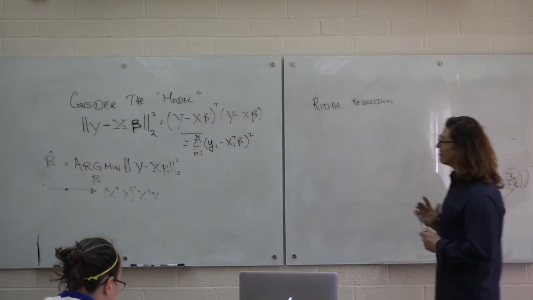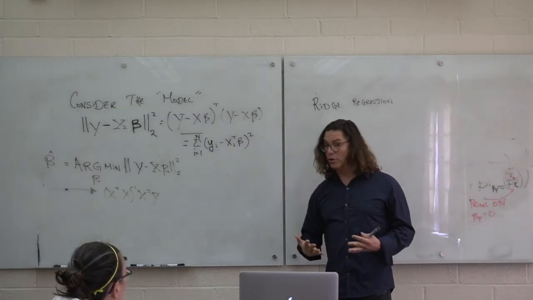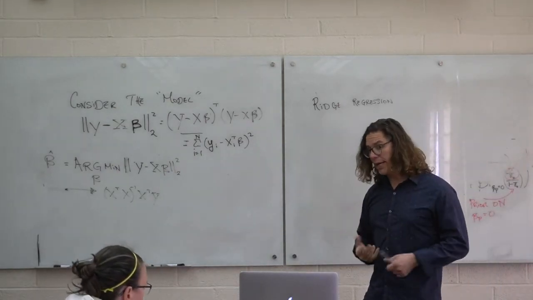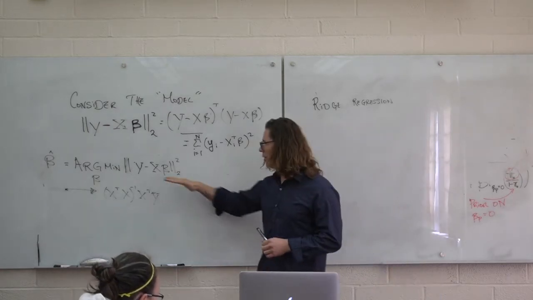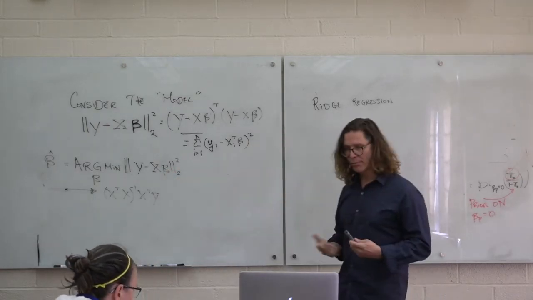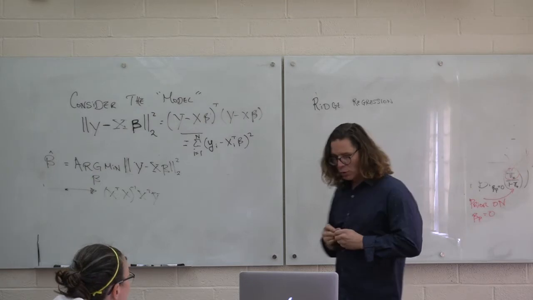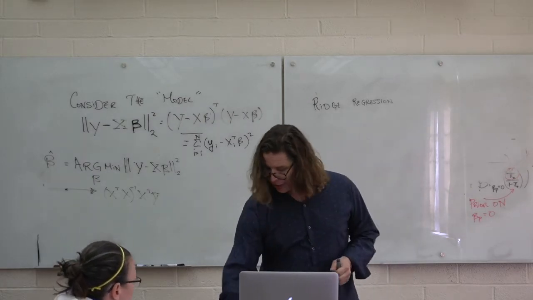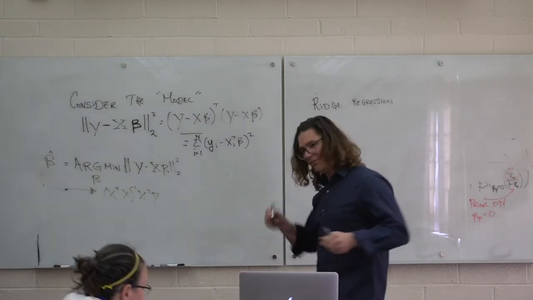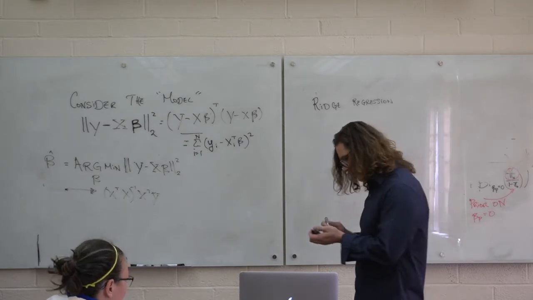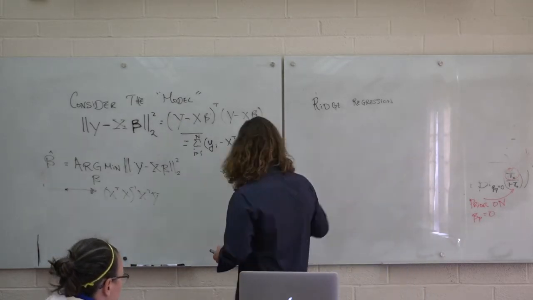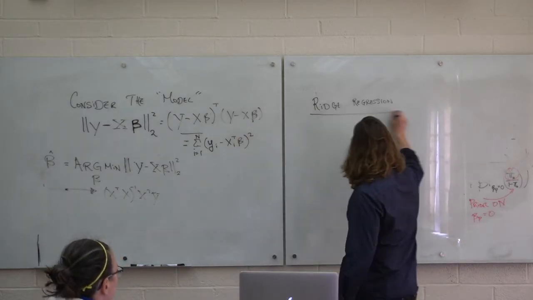I still haven't introduced the error term here, and we don't need the error term to come up with an optimal solution to some problem. As a statistician, I like the error terms because I like to assume what the distribution over the residuals looks like.